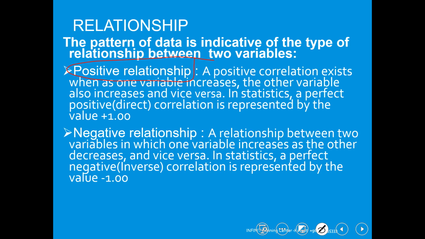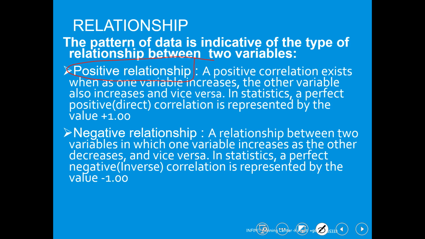And a negative relationship, or inverse relationship, we call it, so we will consider situations like when one value is increasing, the other value is going to decrease. It is in the opposite direction. That is why it is called inverse correlation or negative correlation.